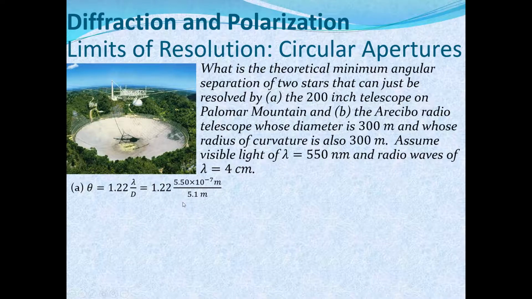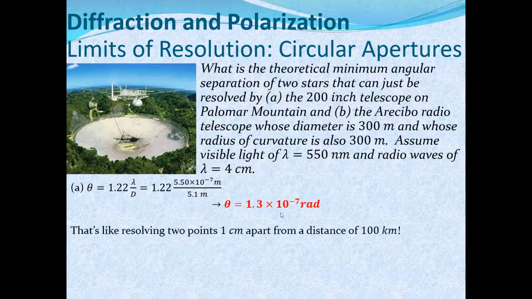So when we plug the numbers in, we end up getting that the regular telescope has a resolution of 1.3 times 10 to the negative 7 radians. And then when we go to the radio telescope, plug the numbers in, we end up getting 1.6 times 10 to the negative 4 radians.